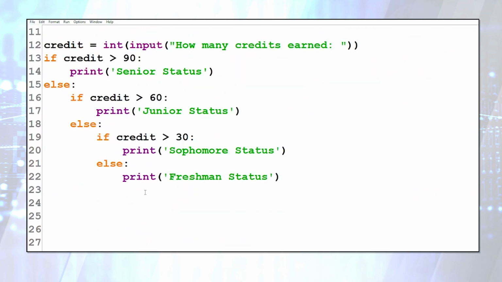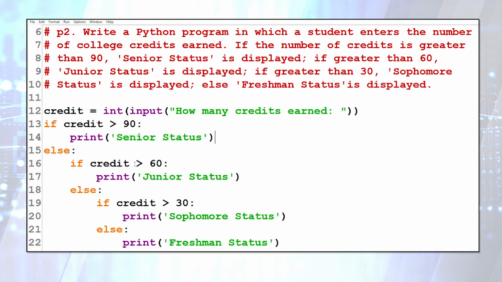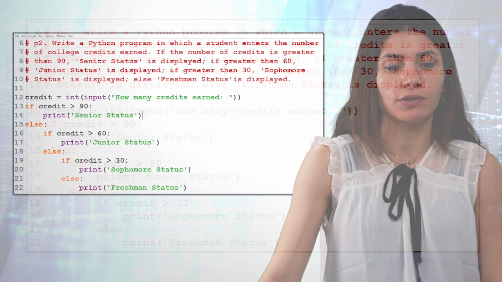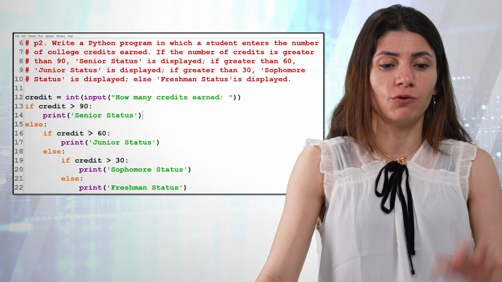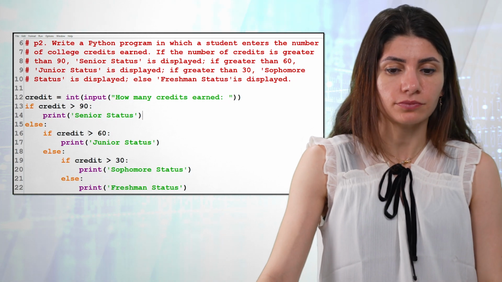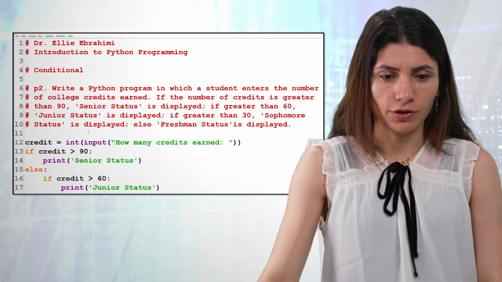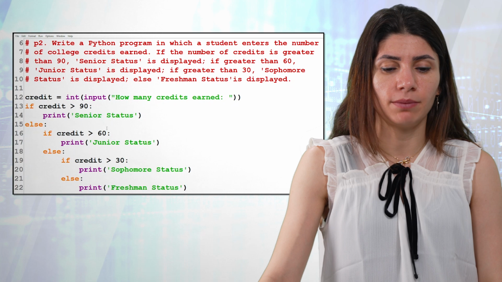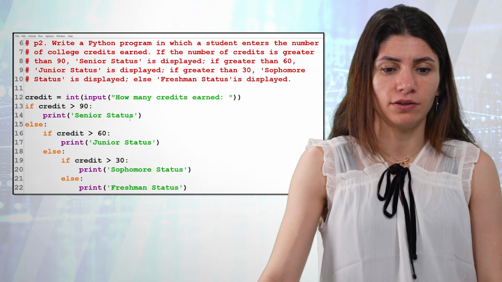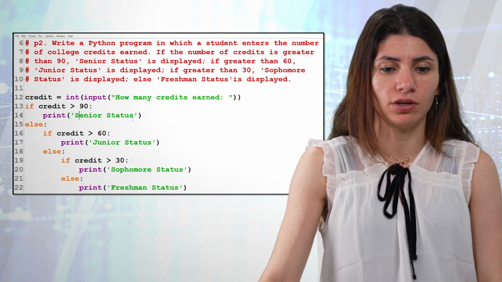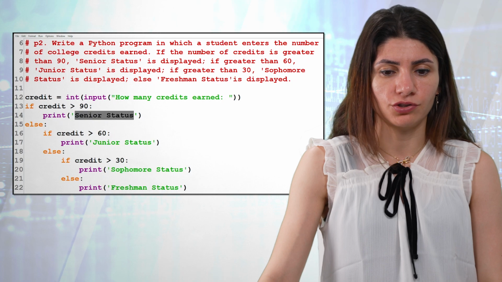You can add that somewhere, so go ahead and try to see if you can add that yourself and practice checking for invalid inputs. Other than that, that is just a simple example of checking the status of a college student.